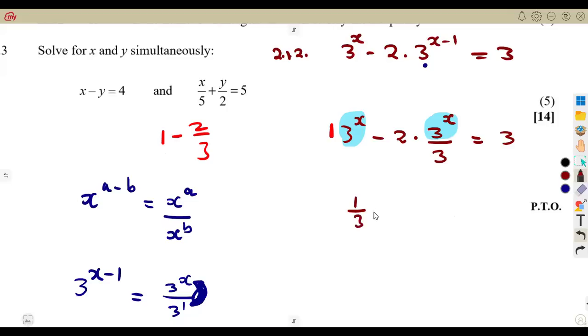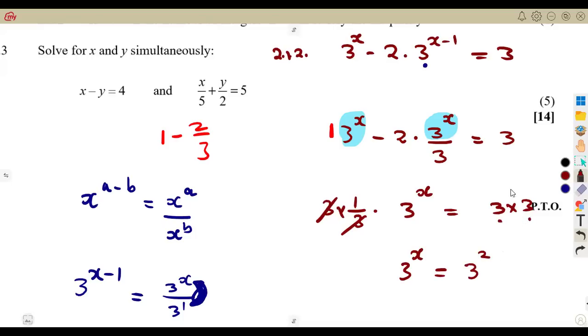So it's 1 over 3 times 3 to the exponent of x. Remember, we are subtracting, so this remains as it is, your like terms. It is equal to 3. We can divide by 1 over 3 on both sides, or you can simply multiply by 3 to remove that 1 over 3. So we are going to have 3 to the exponent of x is equal to 3 times 3, which is 9, or 3 to the exponent of 2.